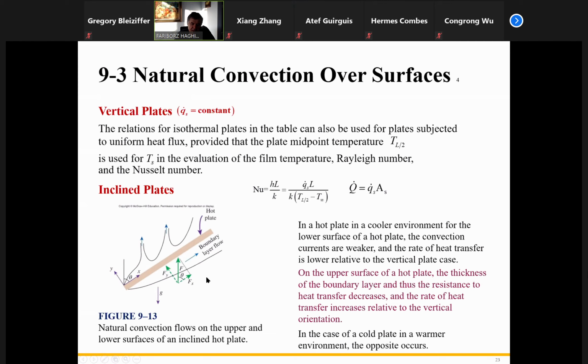In this case you can see a variation in the movement of the air and also recirculation here. I have a hot plate, and because of the temperature difference between the plate and the air, the buoyancy here is stronger than here.